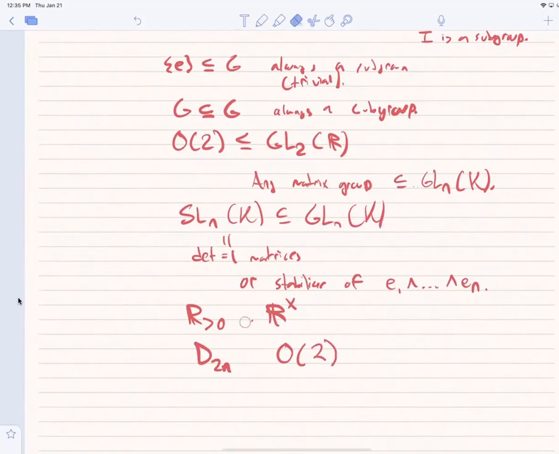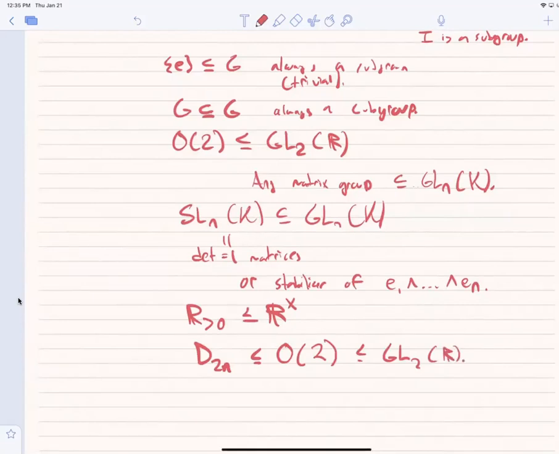Right, and when it's a subgroup, we use this less than or equal notation instead of the contained-in notation. So this less than or equal means a subgroup instead of a subset.